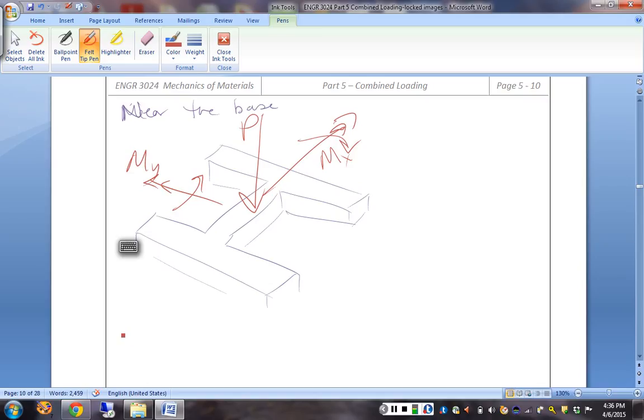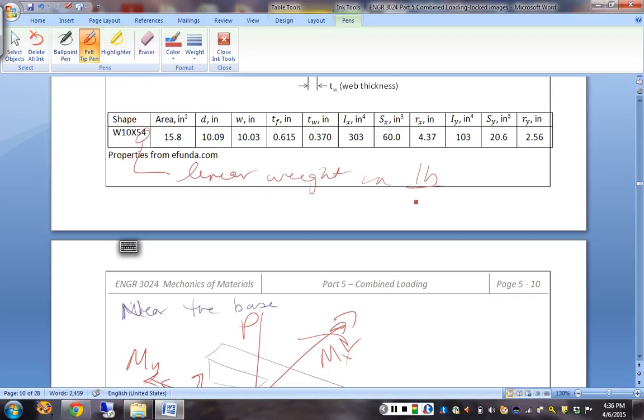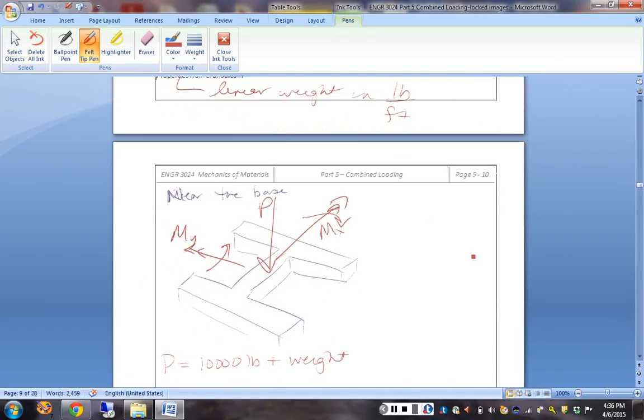So starting with the axial, P is going to equal the applied force plus the weight of the beam itself. And a piece of trivia about this beam naming, that is a linear weight in pounds per foot. So it is 16 feet tall.